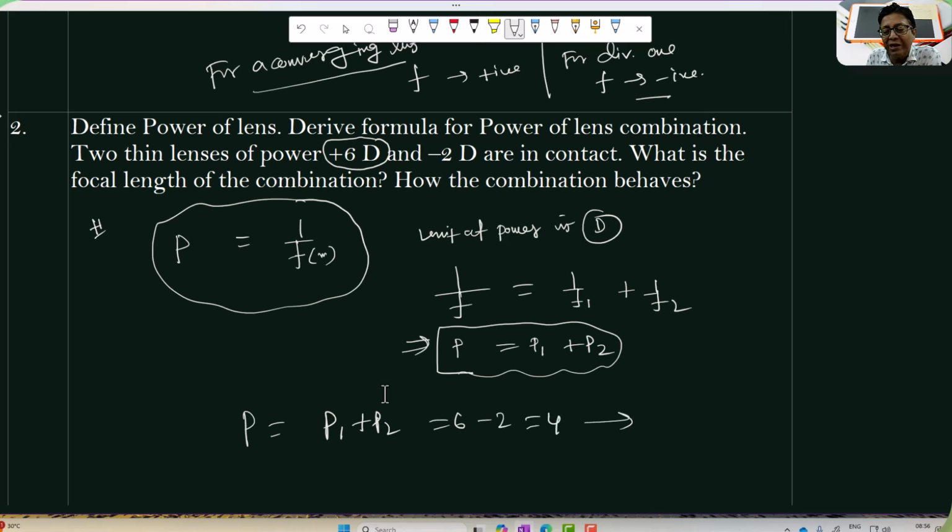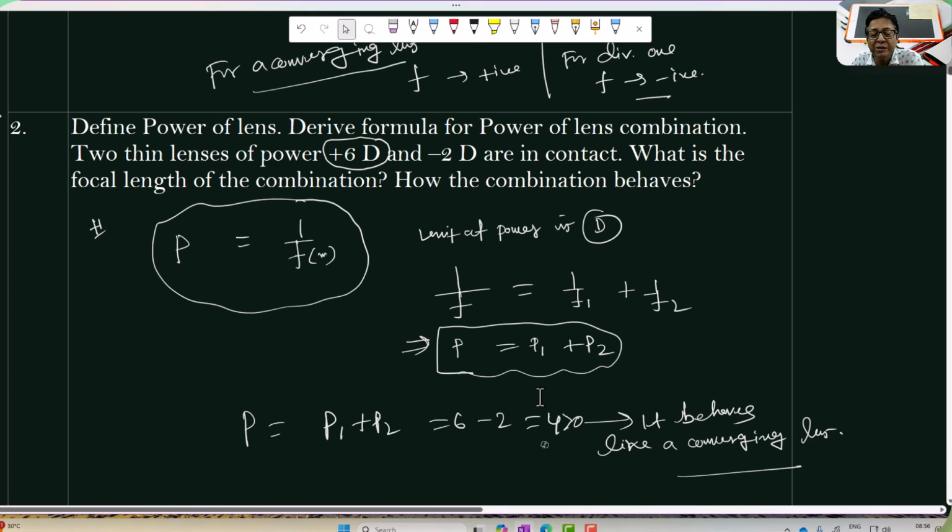It will behave like a converging lens, because power is greater than 0. If it is greater than 0, it must be a converging one. So this one will behave like a converging one.